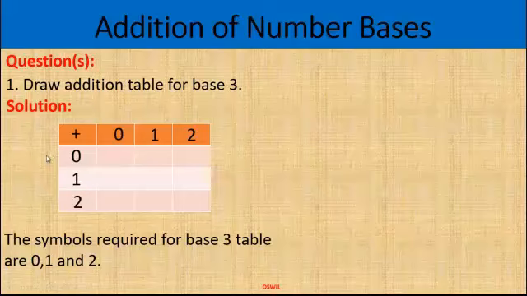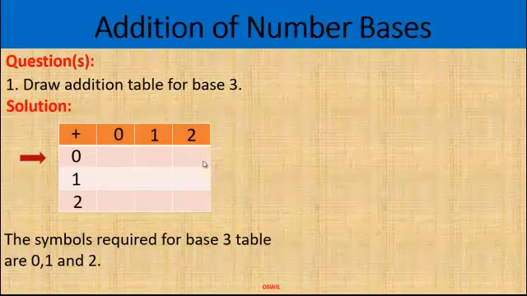That is the second row. So 0 plus 0, whatever answer you get, you write it in line with this 0 in the second row, meaning all the answers are going to be written in the second row. Now let's see how it is done.